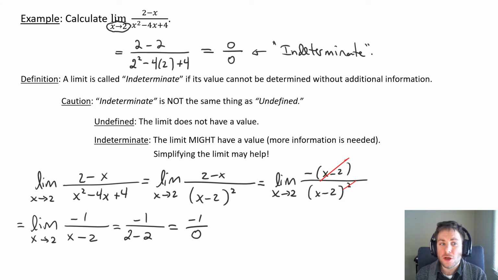And this is no longer indeterminate because, think about it. We know what happens when we divide negative 1 by a number which is close to 0. Imagine dividing by 0.0001, for example. You'll end up with a really large result. In general, we know that the closer a number is to 0, the larger a result we'll get when we divide by that number.